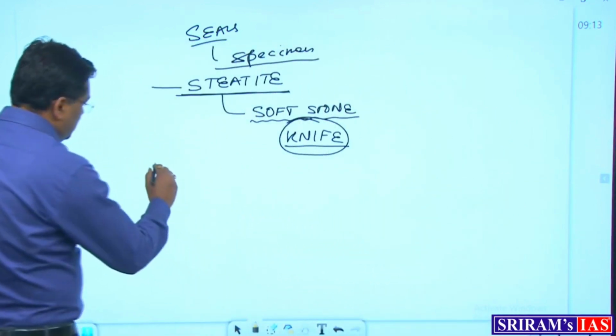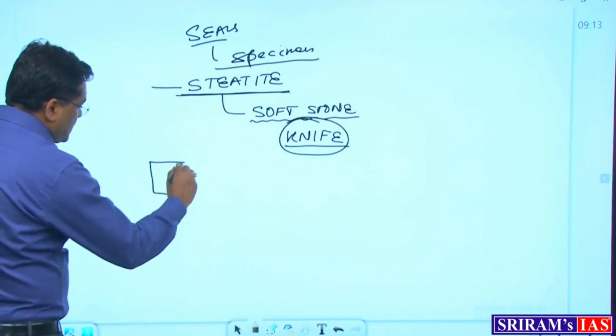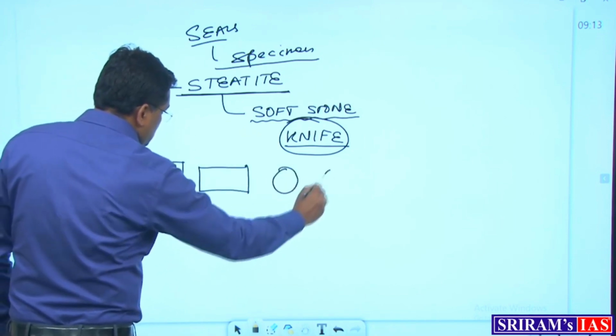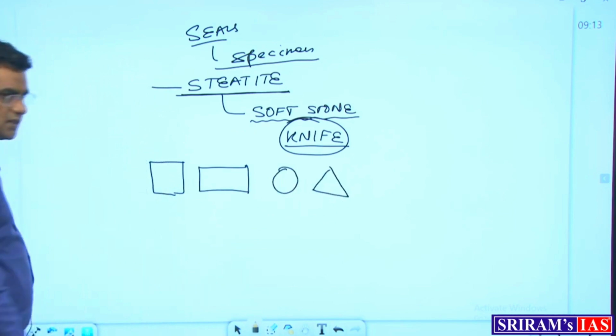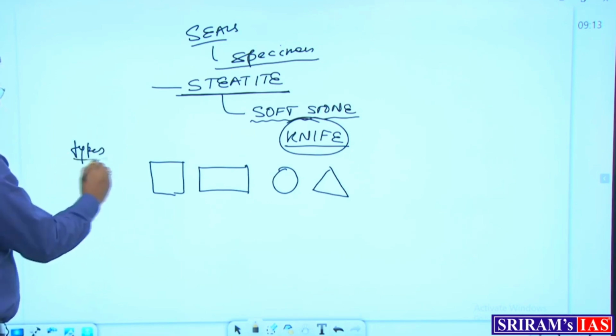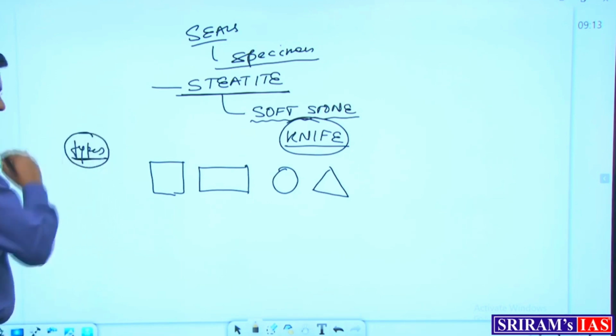So we have square seals, rectangular seals, circular seals, triangular seals. These are the types of seals found from Harappan cities.